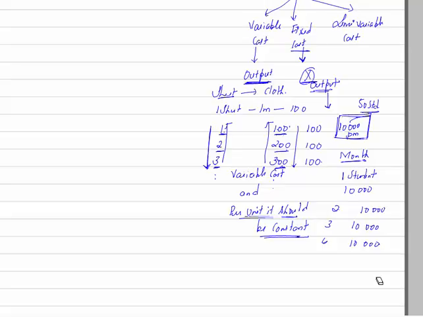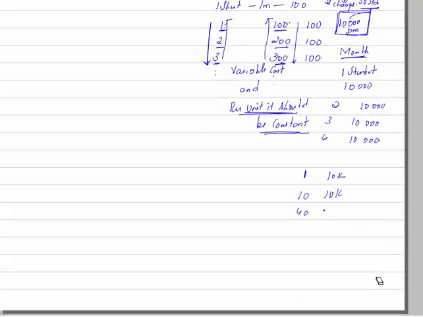Fixed cost means those costs which are not going to change according to output only till 100% capacity. Once it crosses 100% capacity, then the cost is going to change. What does that mean? Let us suppose one student enrolls for a month, then we need to pay rent of 10,000 rupees. If it is 10 students, again it will be 10,000 rupees. If it is 40 students, again 10,000 rupees. If it is 49 students, again 10,000 rupees.